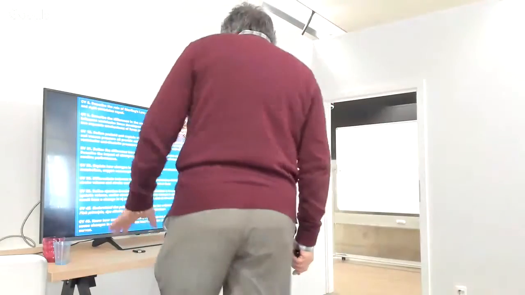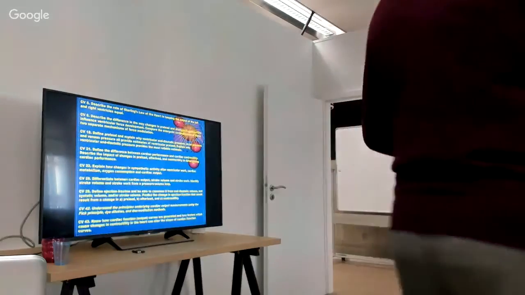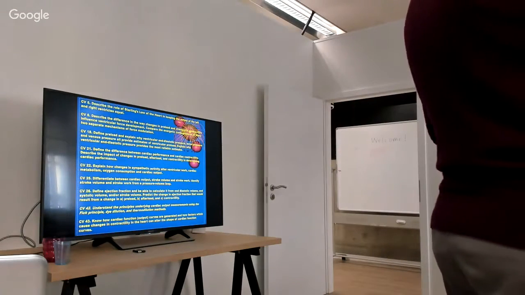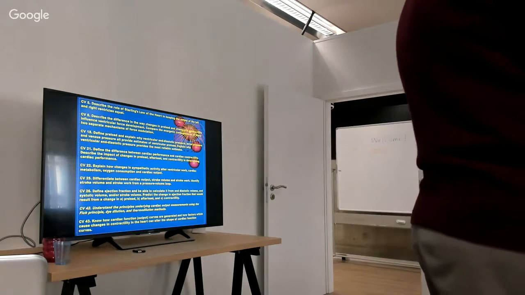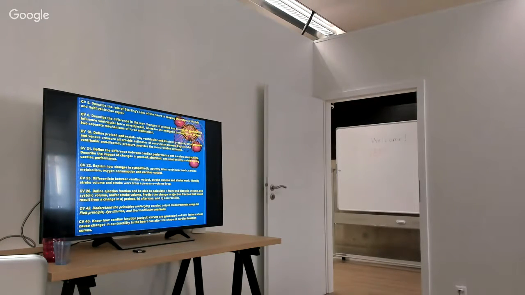Differentiate between cardiac output, stroke volume, and stroke work. Now, what is cardiac output? It is the blood that flows out in a minute.